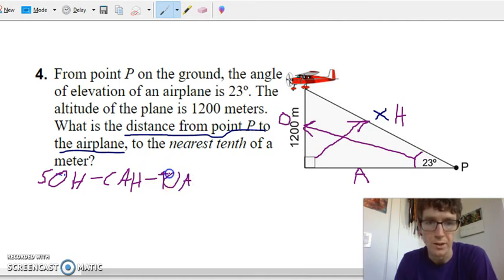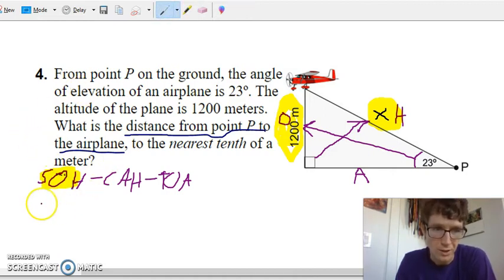What we want to do is use the one that has the opposite in it, because that's what we know, and the hypotenuse in it, because that's what we're trying to find. We're trying to find this distance over here. So what has opposite and hypotenuse? That would be our SO. Sine of theta is opposite over hypotenuse. So let's use that equation.